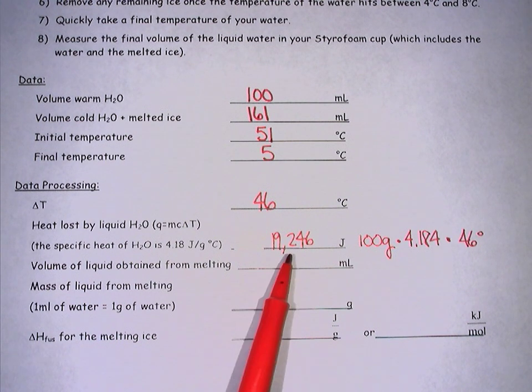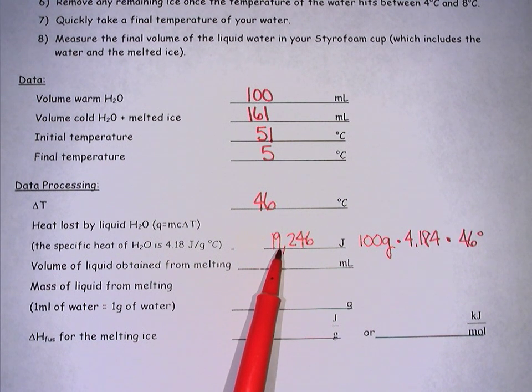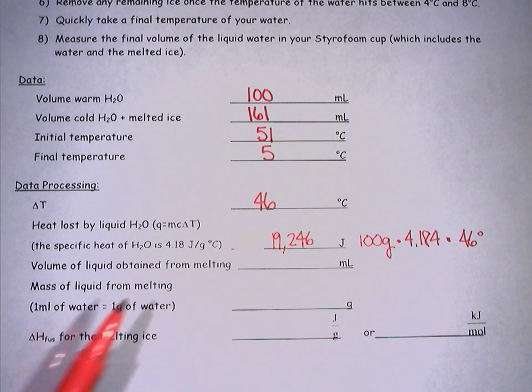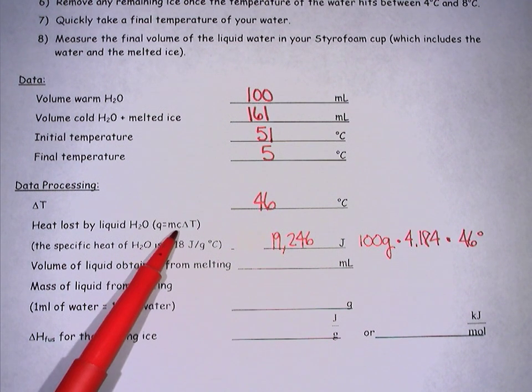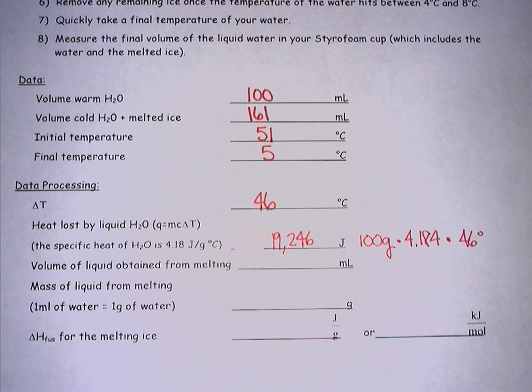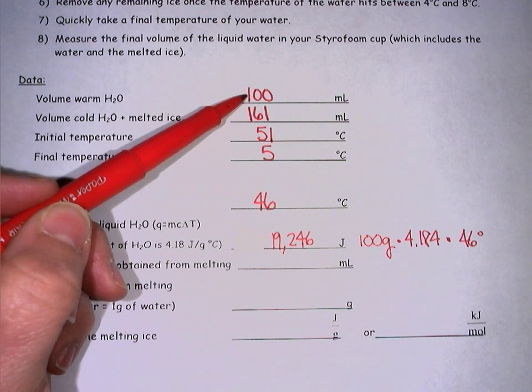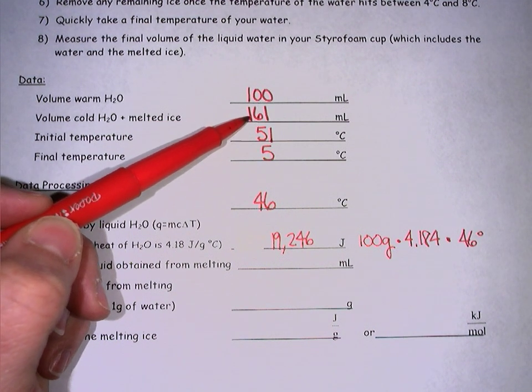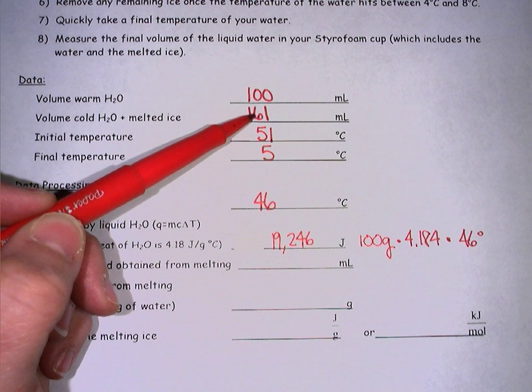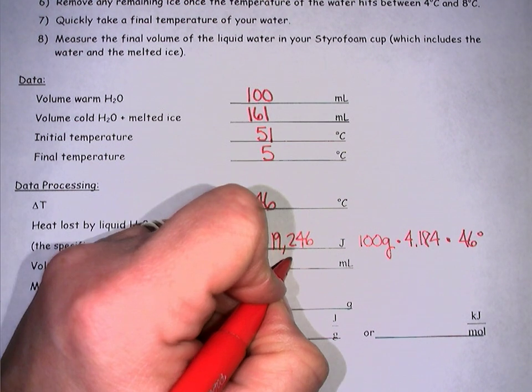Now we know that that's the heat lost by our liquid water. If that's the heat lost by the liquid water, that must also be the heat that was used to melt the ice, right? So now we're going to flip it over. This is the energy of the liquid water. Now we need to take a look at the ice. The volume of the liquid obtained from melting: if I started with 100 and I ended with 161, that means 61 milliliters of this was from the melted ice.